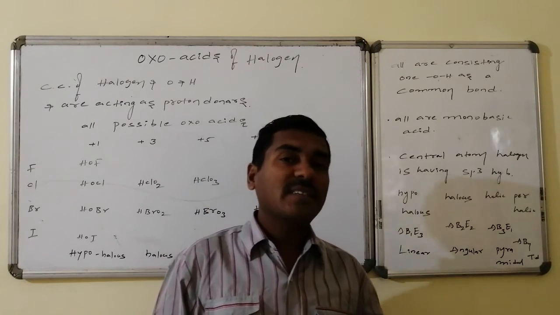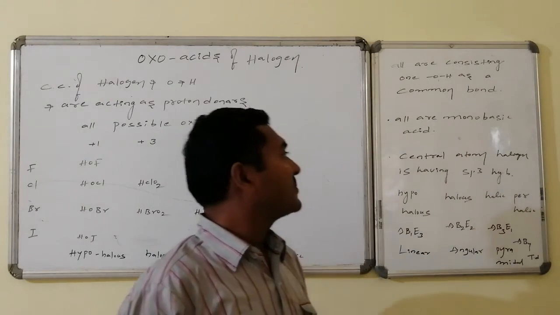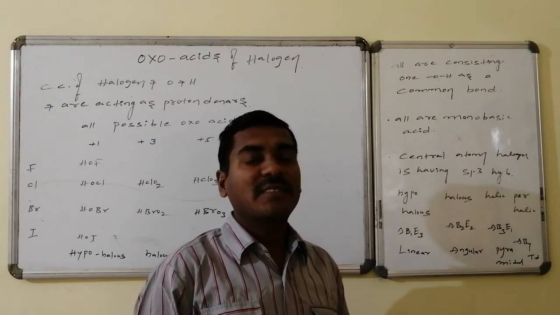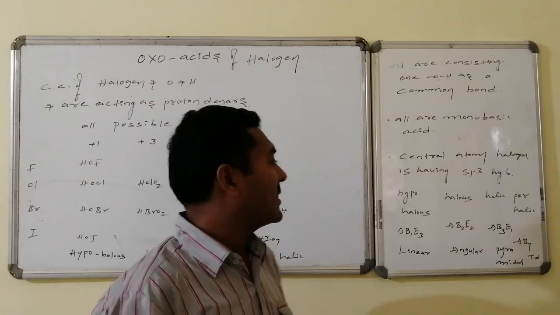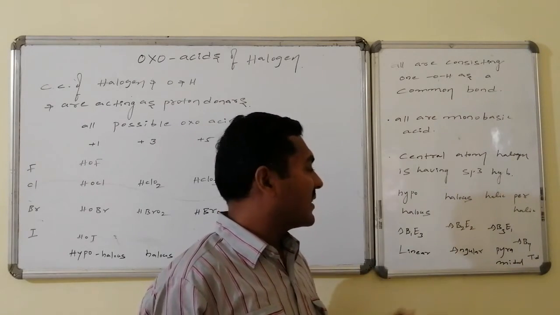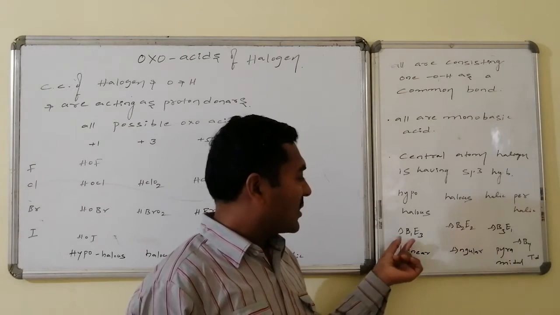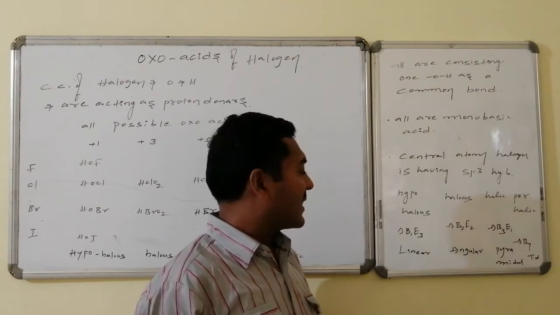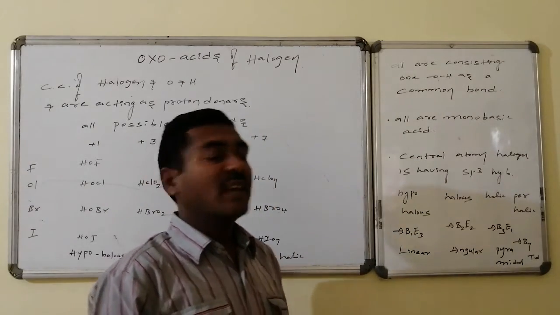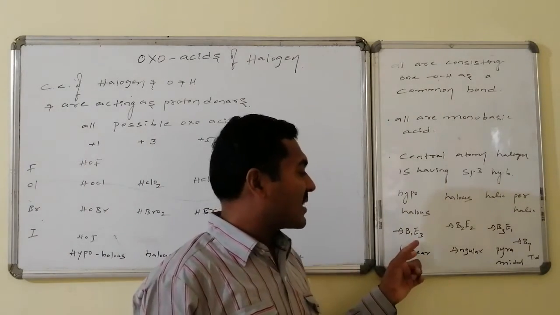Hence, the basicity of all these acids is 1. And moreover, the central atom in any of these oxo acids undergoes sp3 hybridization. Whether it is hypohalous, halous, halic or perhalic, in every case one OH connectivity is there for the central atom. So the central atom halogen makes one connectivity, and the remaining 6 electrons are present in the form of 3 lone pairs.